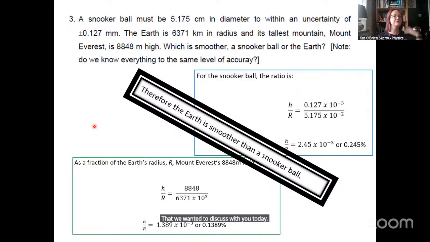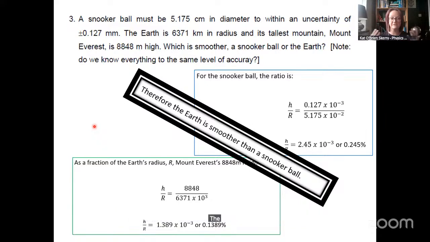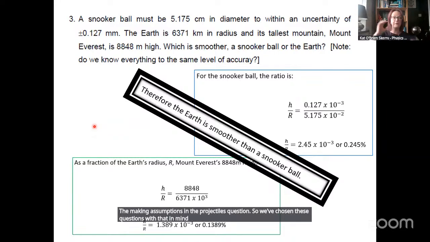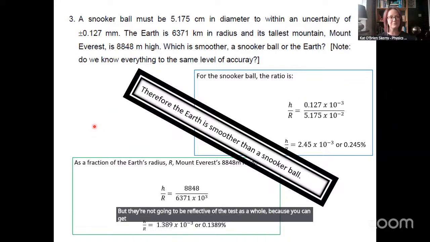For example, the simultaneous equations, the uncertainties, the making assumptions in the projectiles question. So we've chosen these questions with that in mind. If you're curious, yes, these are PAT past paper questions, but they're not going to be reflective of the test as a whole because you get so many more questions in the test.